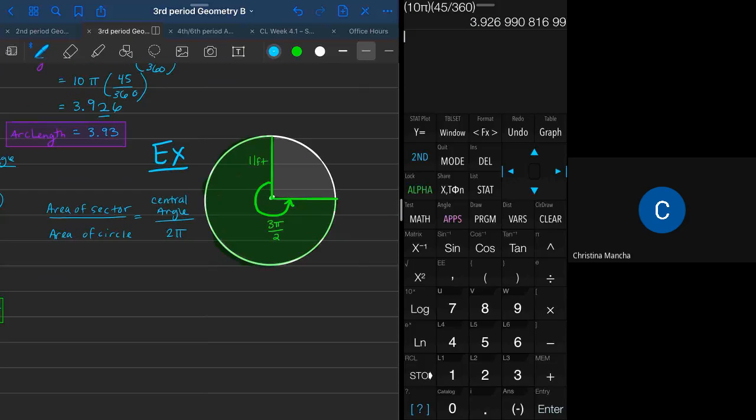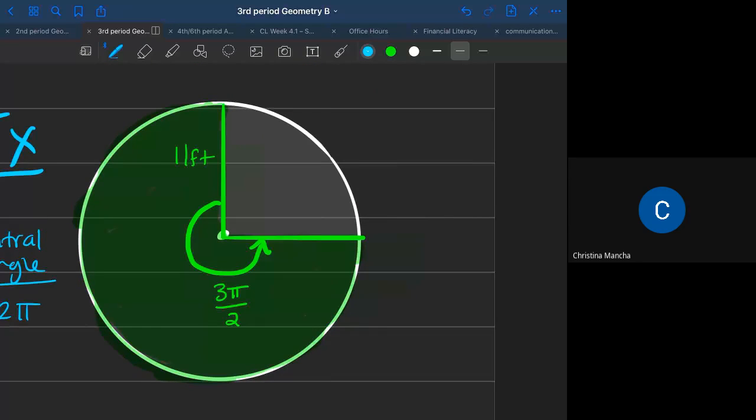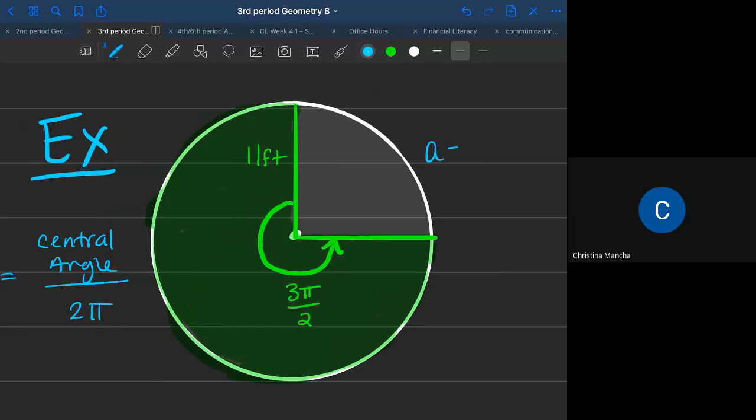Okay, so here, remember that the area of the circle, so we're going to say area equals pi times radius squared. So since the radius is 11, we can say area equals pi times 11 squared. 11 times 11 is 121. So we can say that the area of the full circle is 121 pi.